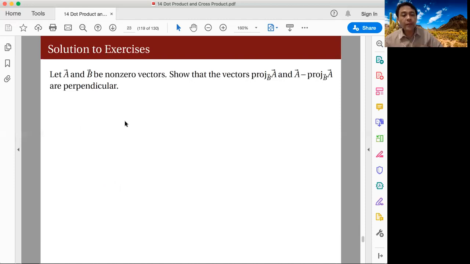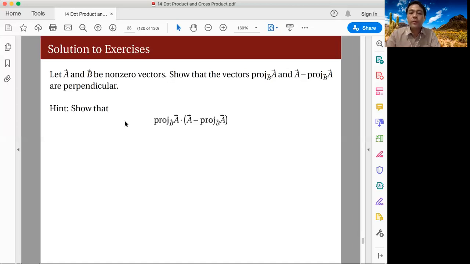So suppose that A and B are non-zero vectors. Show that the vector projection of A onto B and A minus the projection of A onto B are perpendicular. Now, I will not show you the proof line by line, but this is what we should do.